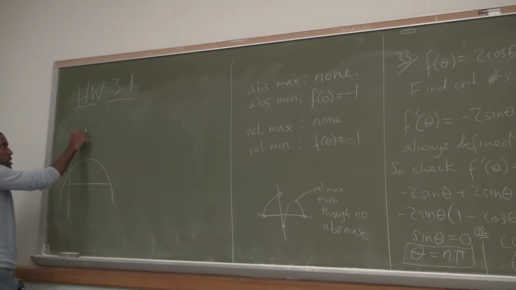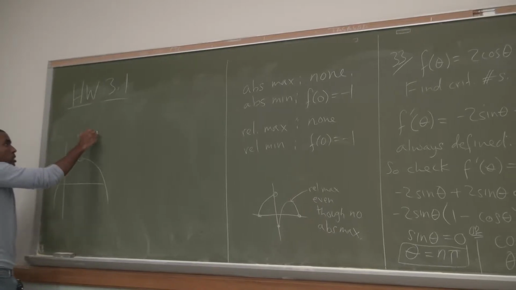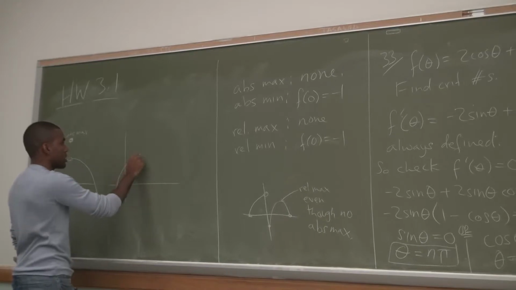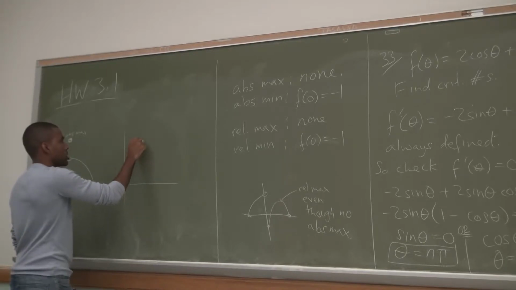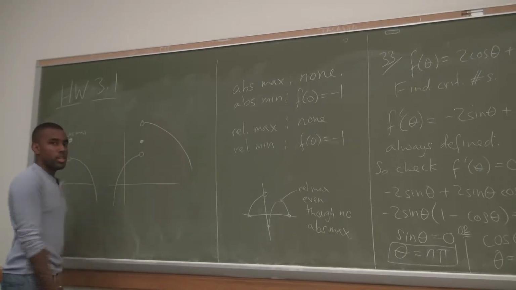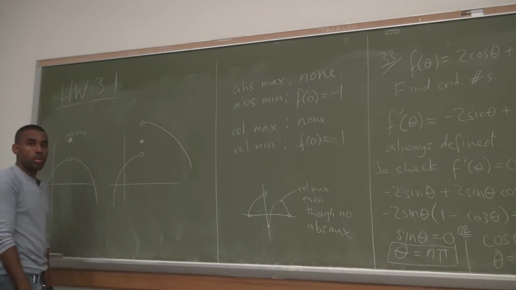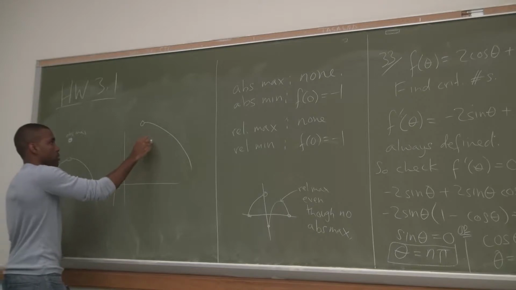In this case, this would be an absolute max, yes. But it's also a relative max, right? But you could have something like this, gap, dot, and then it's no longer an absolute max, because there are points that are higher than this.